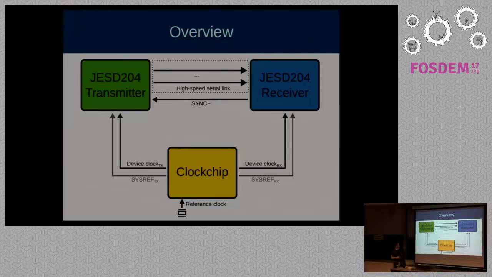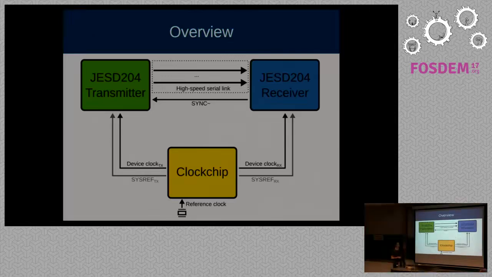There's the clock chip, which is connected to some kind of reference clock. The clock chip will typically contain a PLL and a couple of clock dividers, and it is responsible for generating all the clocks that are used inside your system. It's also responsible for creating the so-called SYSREF signal, which is used for synchronization between multiple devices.